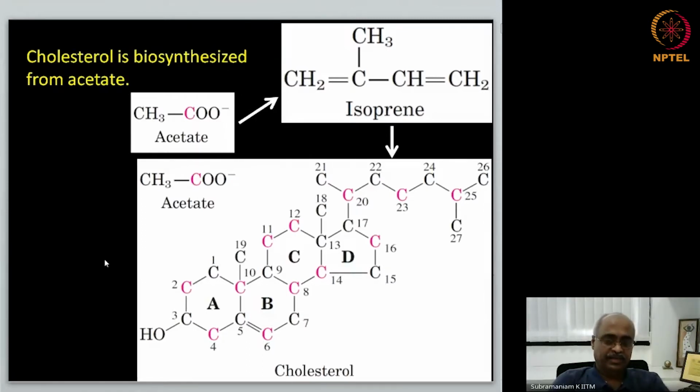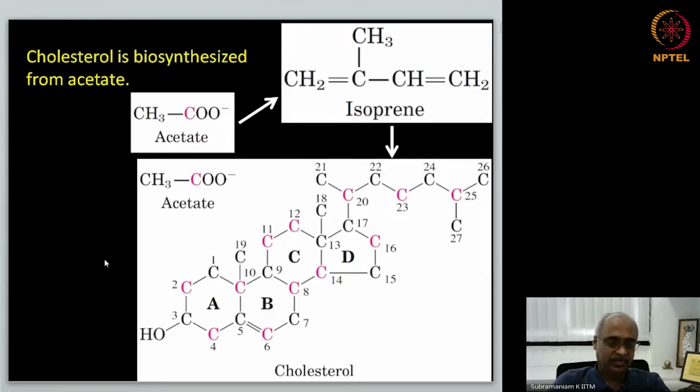You are probably familiar with cholesterol, whether you are a student of biology or not. In general, people are familiar with cholesterol in a bad way. People think that high cholesterol means higher probability of heart disease.